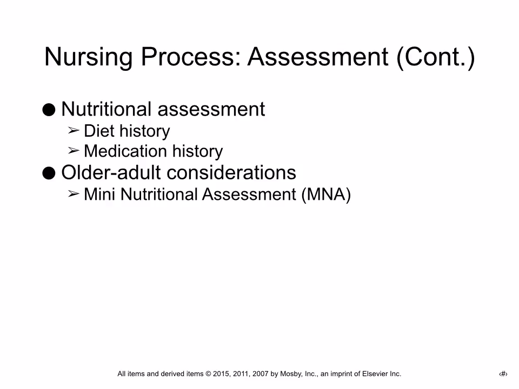There is a mini nutritional assessment in your Potter and Perry book, presented as a chart, and it was developed as a nutritional screening tool for the older adult population. This 18-item tool has two sections: screening and assessment.